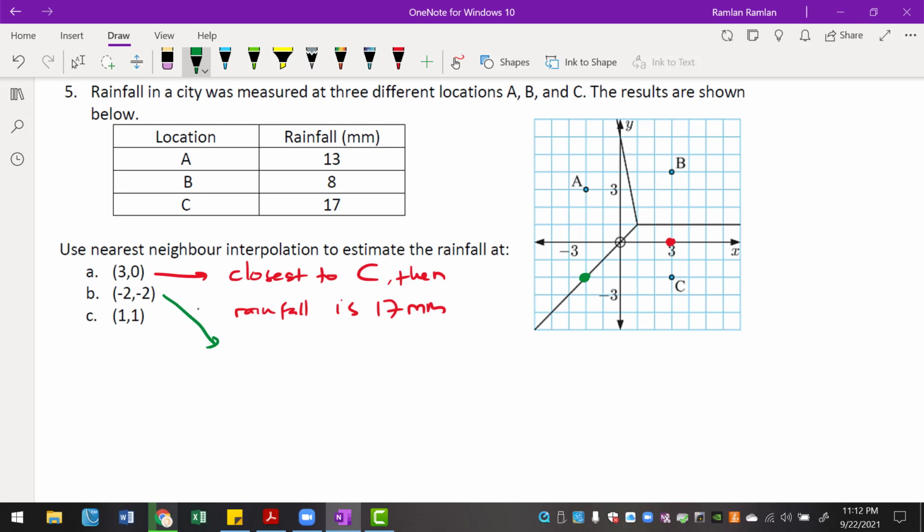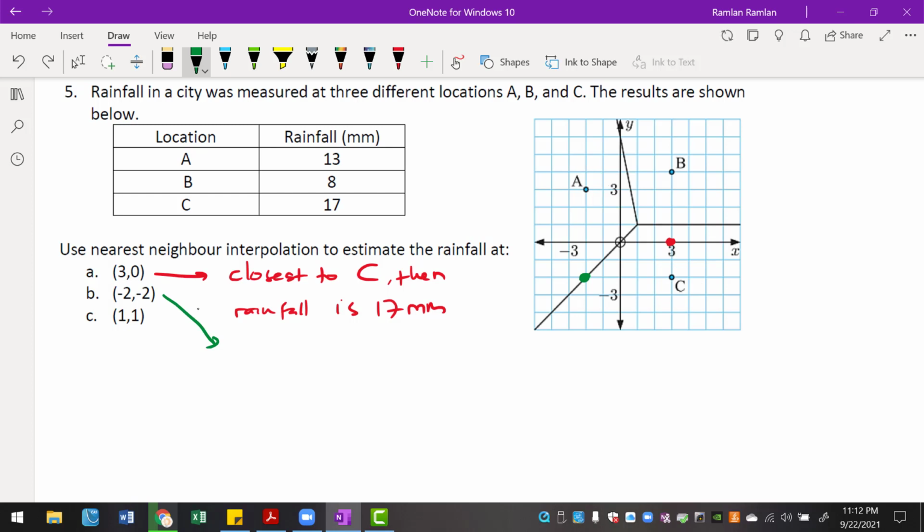So for this one, because it lies on one of the perpendicular bisectors, you can just find the average of those 2 sides, because we know that this line here is the perpendicular bisector of A and C, right?